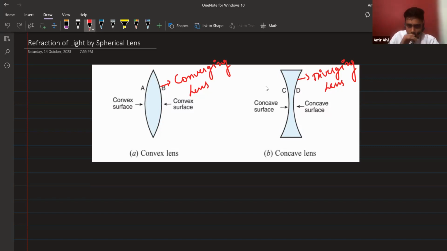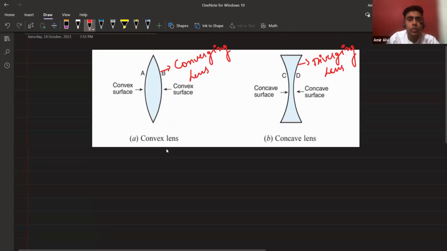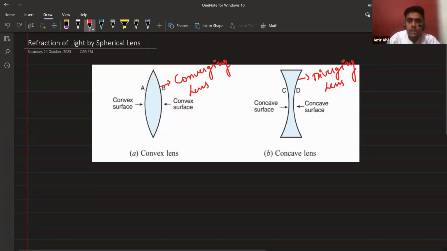But in the lens concept, it's opposite. Converging lens means convex lens. Clear? Diverging lens means concave lens. After you see the image formation, you will be able to judge which one is converging and which one is diverging. Very good.